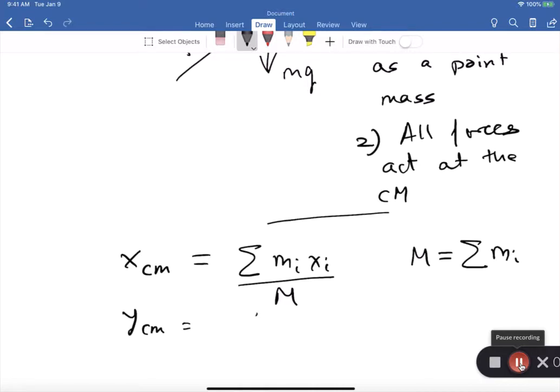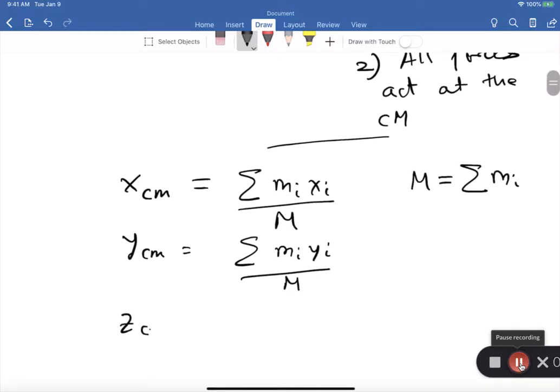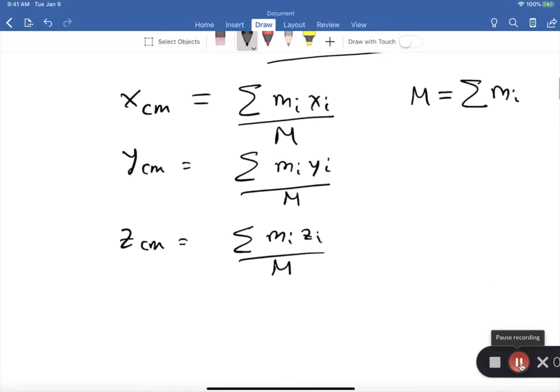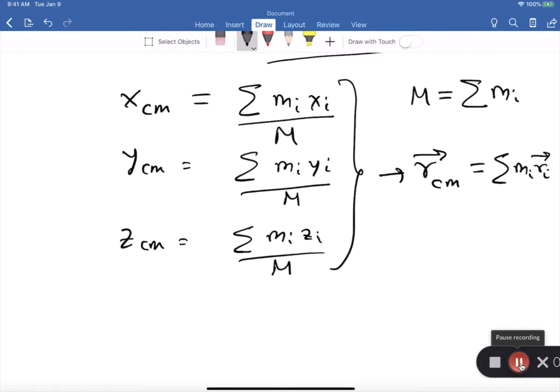YCM is equal to summation mi yi divided by capital M, and ZCM is equal to summation mi zi divided by capital M. I told you that all three of these formulas can be summarized by this equation: the position vector of the center of mass is equal to summation mi ri divided by capital M.